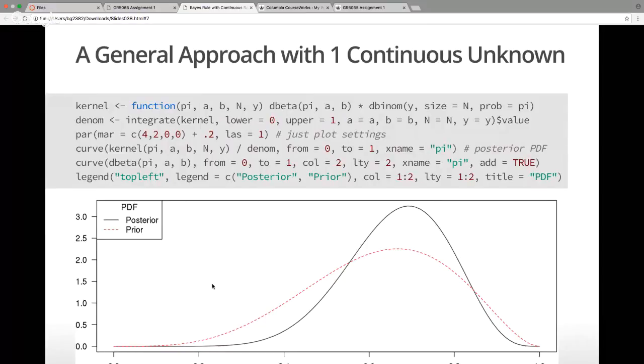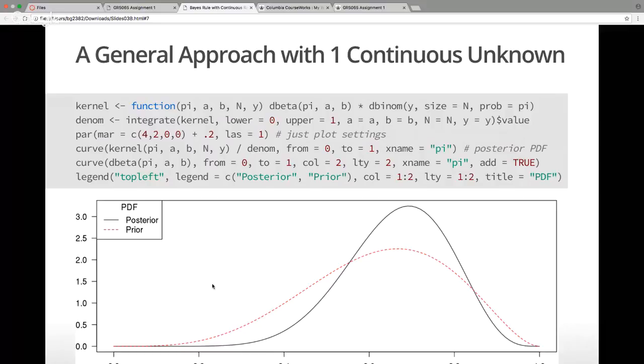Another way to do it would be to make yourself a function that constitutes the numerator of Bayes' rule. So we have the beta PDF evaluated at pi with shape a and b, multiplied by a binomial likelihood with y successes out of n tries, probability pi. Then the denominator of Bayes' rule is just the integral of that function from 0 to 1, with extra arguments a, b, and y.